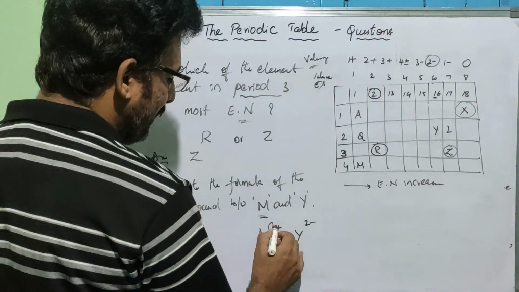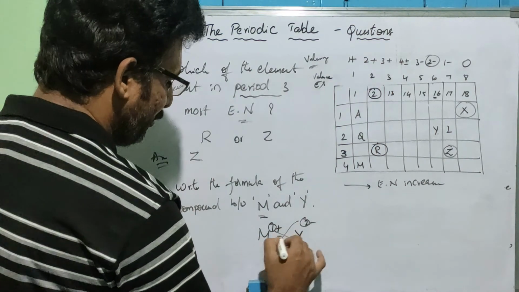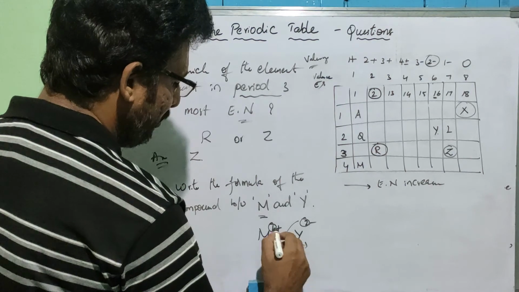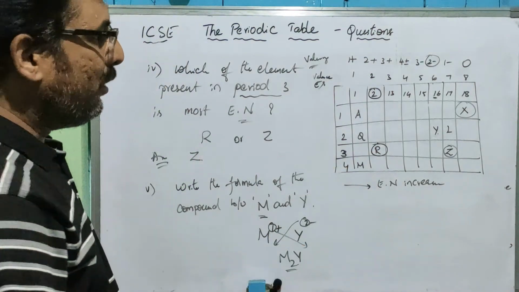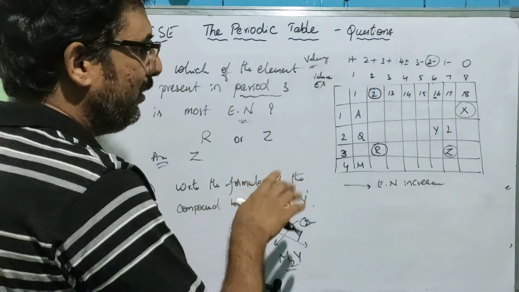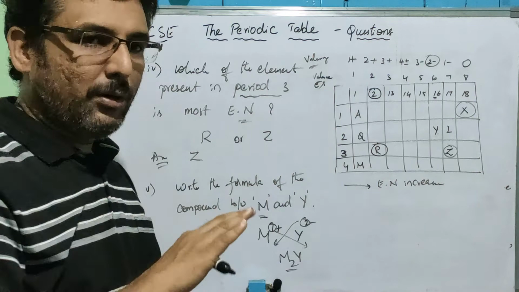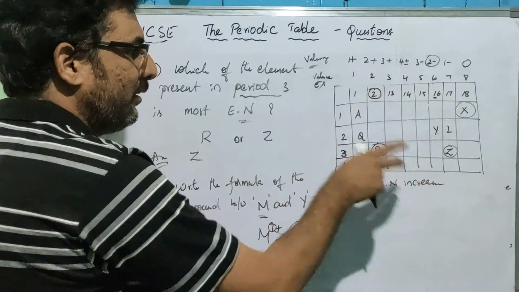Since the valencies are different, you will interchange their valencies. So 2 comes here, so M2, and 1 goes there, it is M2Y. So this is how we can find the valency based on the group number, and you can write the formula of any two elements given like this.